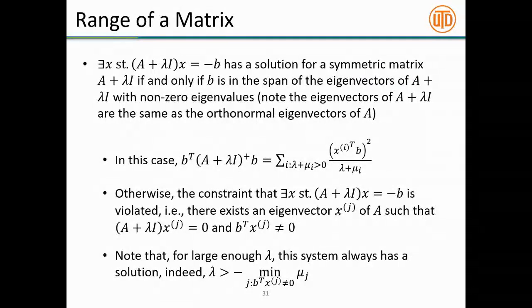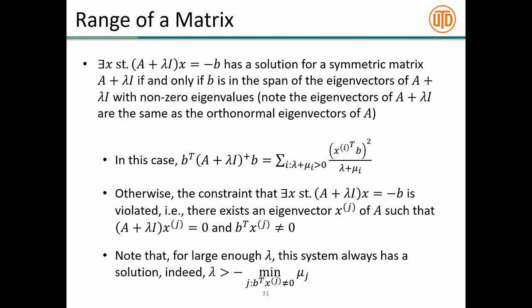Okay, so again, there's a solution to this linear system if and only if minus b, or b, it doesn't matter which one we look at, is in the span of the eigenvectors of A plus lambda I whose corresponding eigenvalues are non-zero.